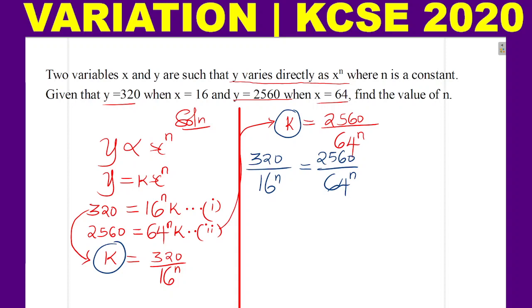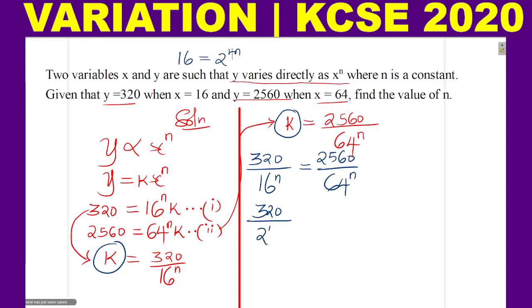So we can try to simplify these. We can simplify this one like this: 320 divided by, if we write 16 as 2 raised to power 4, then 16 raised to power n will be 2 raised to power 4n.